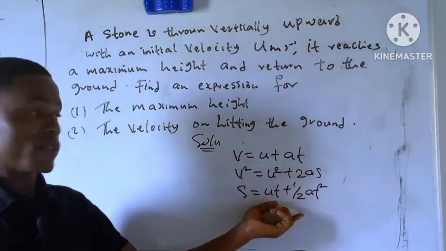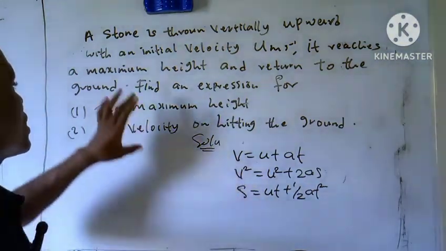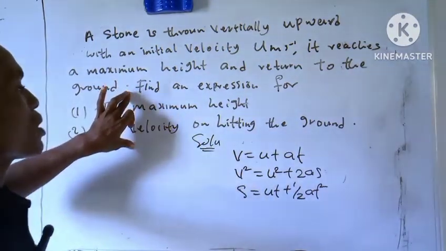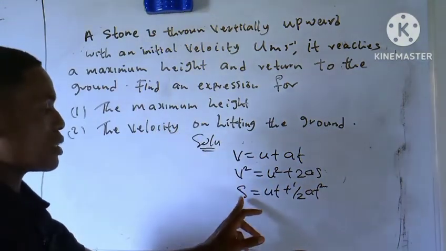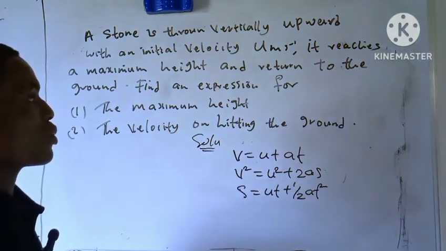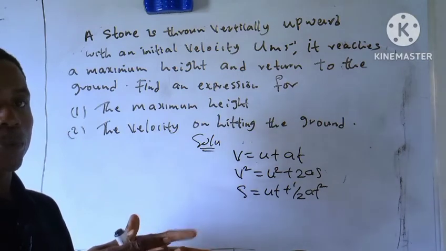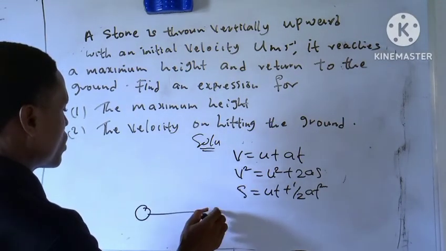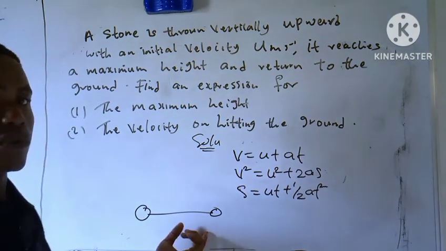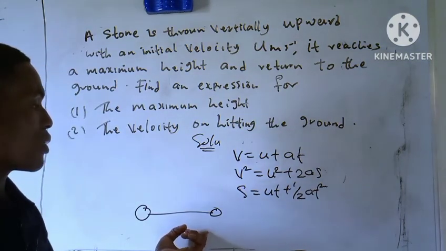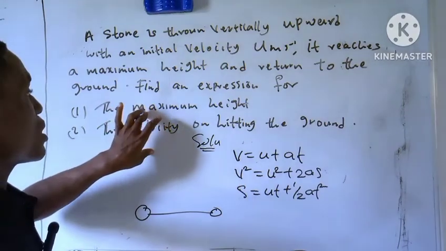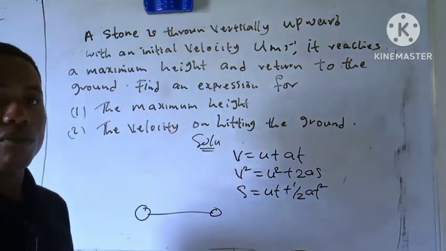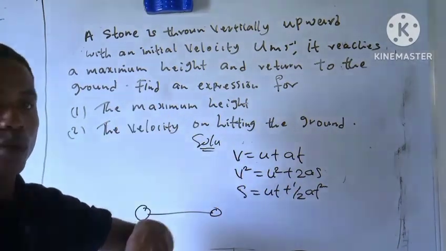So you know these formulas, right? But in this type of question, you can only use this one if the equation is in horizontal form, like distance, like a particular object is moving from here to here. Are you getting it? But in this type of equation, the object is moving vertically up and downward.